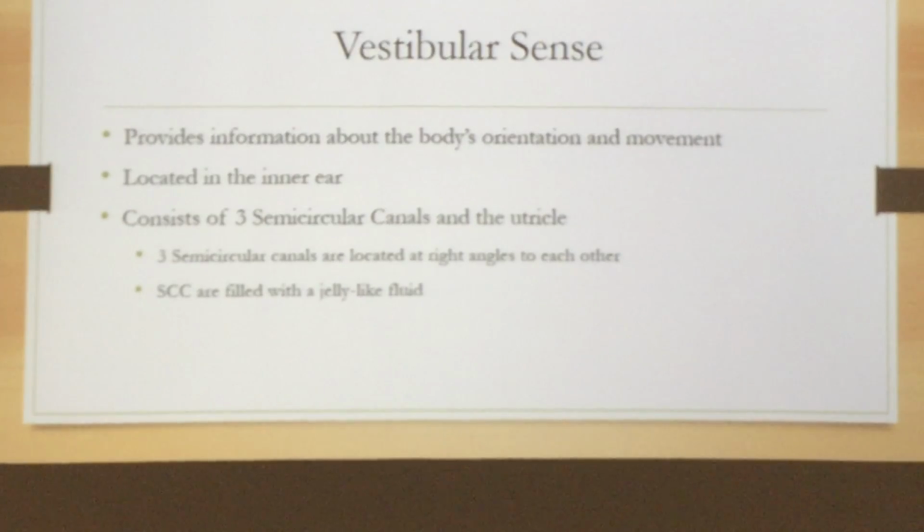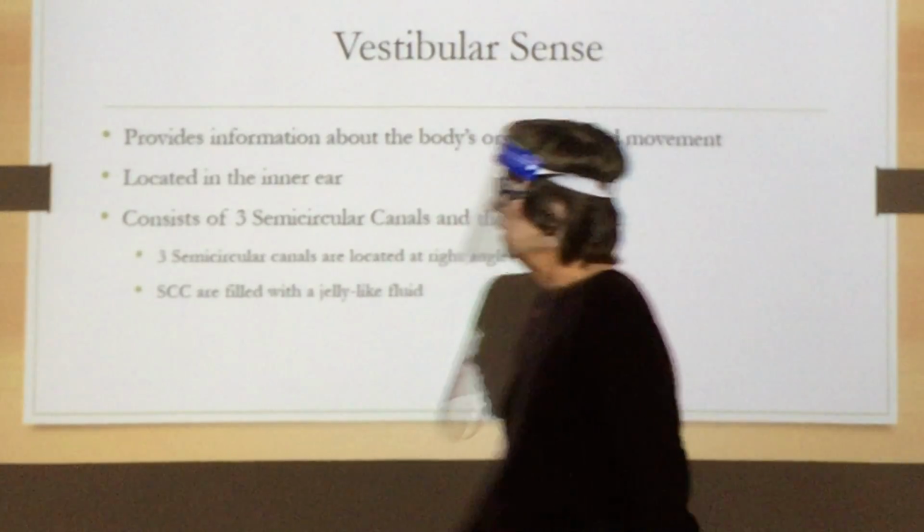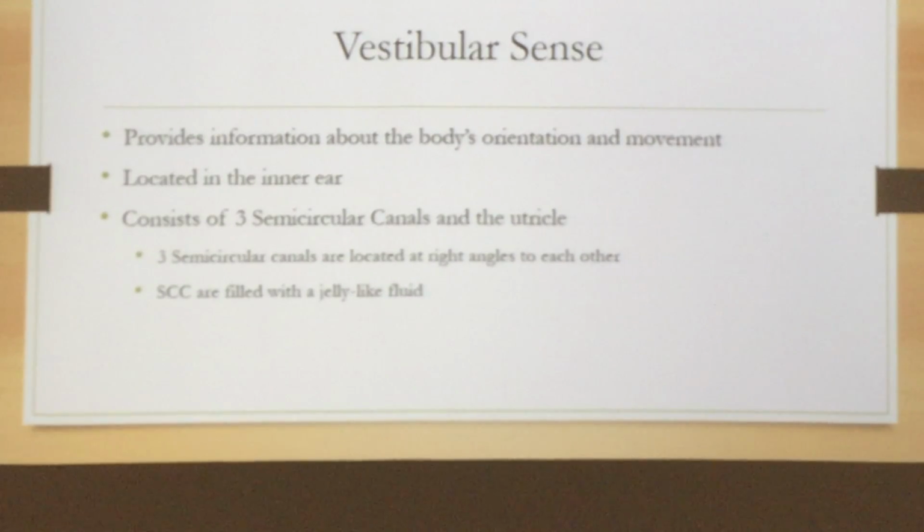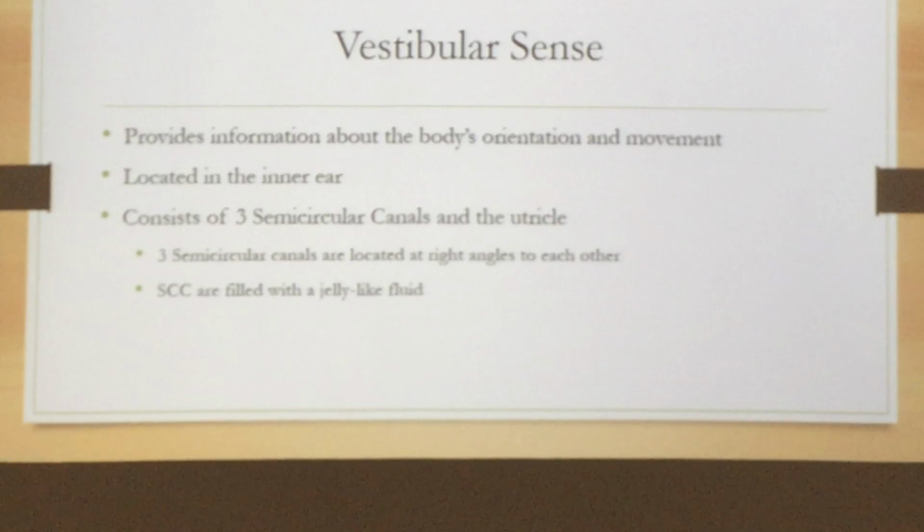We have what's called the vestibular sense. It provides information about the body's orientation and movement. It's located in the inner ear. The vestibular sense, there's two parts to it.